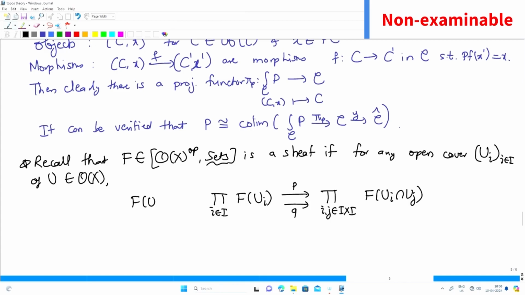And F(U) to this is an equalizer. If this is an equalizer diagram, what is the map from here to here? If you are given some elements x_i, I'm not using the notation of functions anymore, but this is x_i, i in I. Where will it map under P?